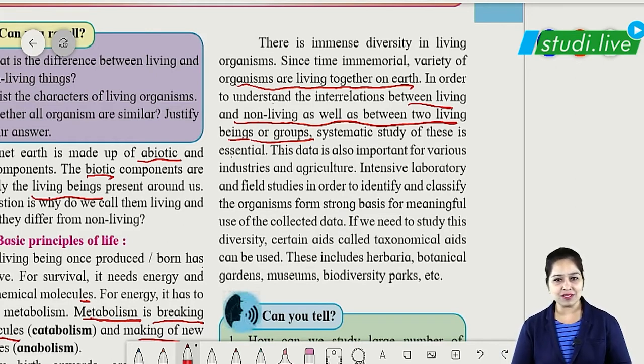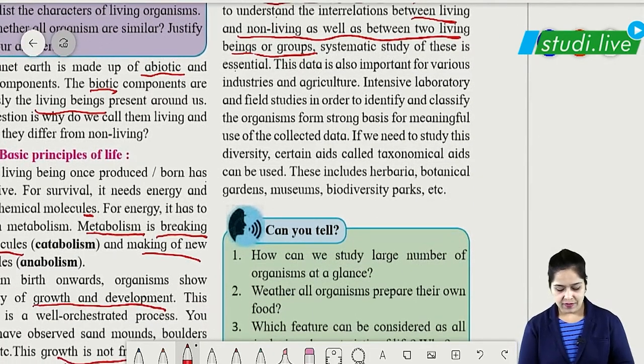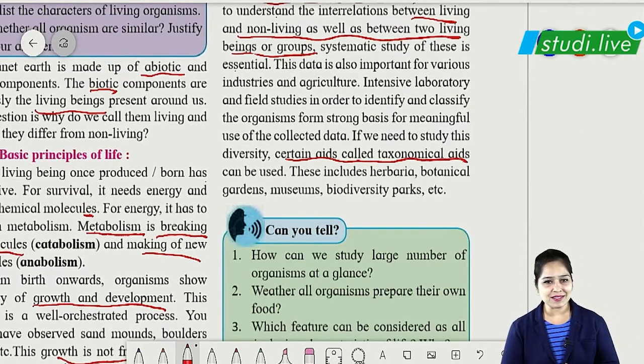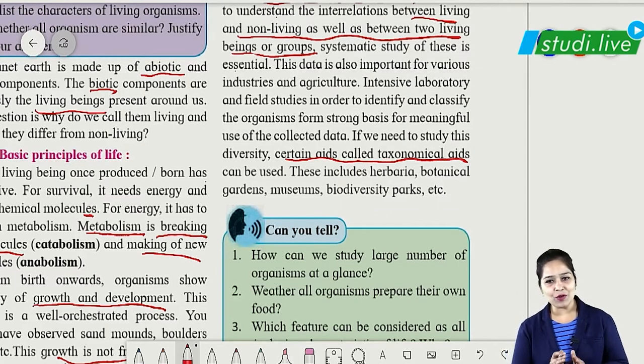So we have to do a systematic study, and to do this we have certain methods which are called aids. These methods are called taxonomical aids to study this systematic study of all the living, non-living, and the interactions between living organisms.